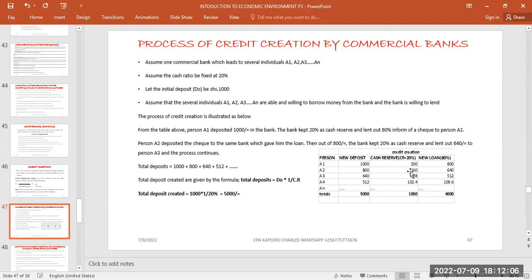This 160 will be kept in cash reserve. Then when you deduct this minus this, you remain with the 640. This 640 will now be the new loan. This amount will be lent to the next person.